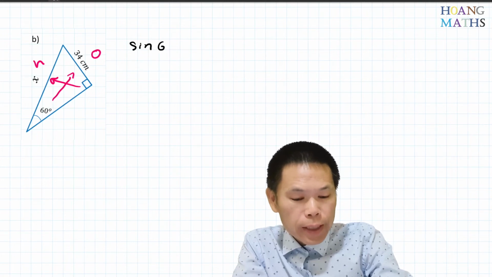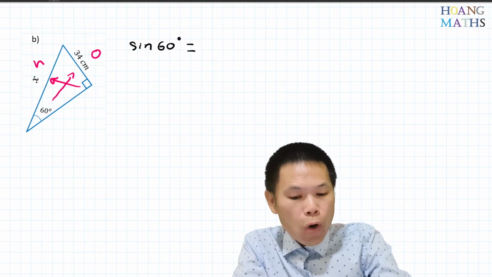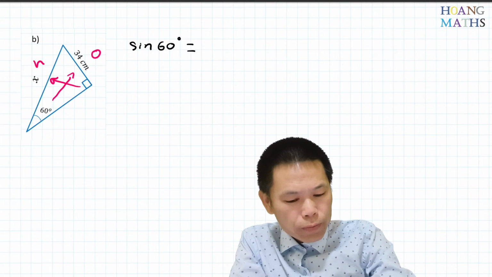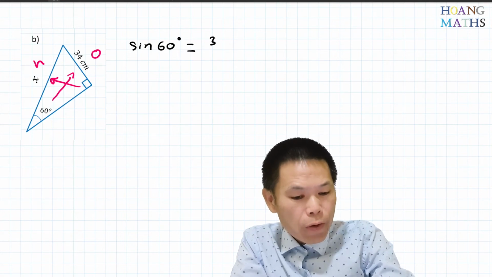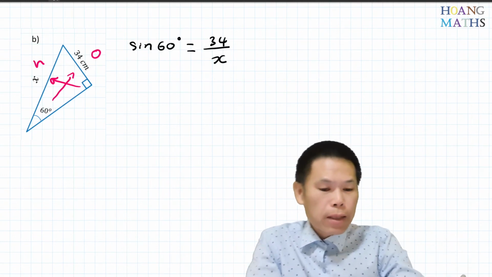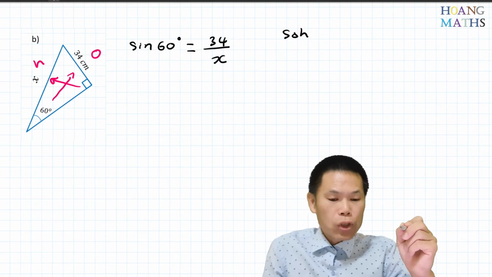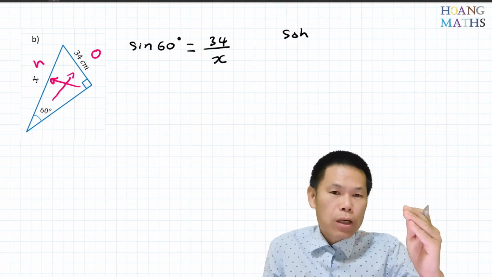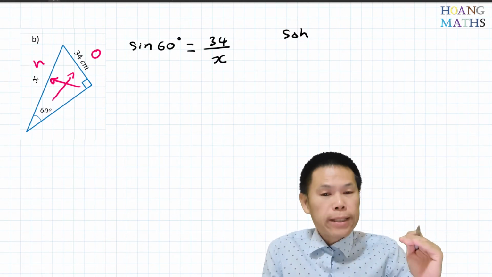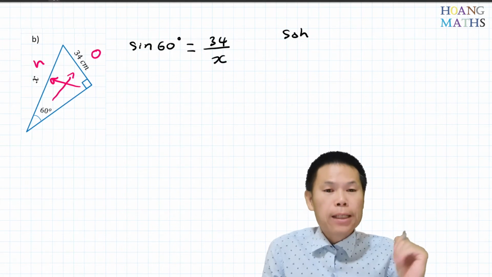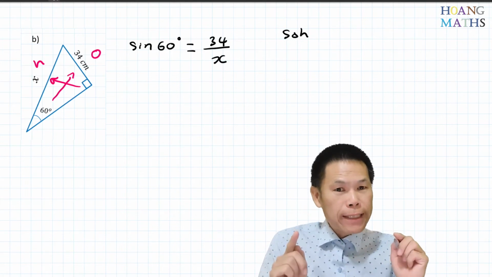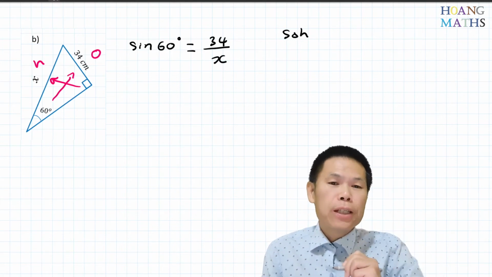Sine of 60 degrees is equal to O, so O is 34, and then H is x. Remember that the word SOH, follow that order, okay? S stands for sine, followed by opposite, which is 34, and the last letter all the way down the bottom, which is x.